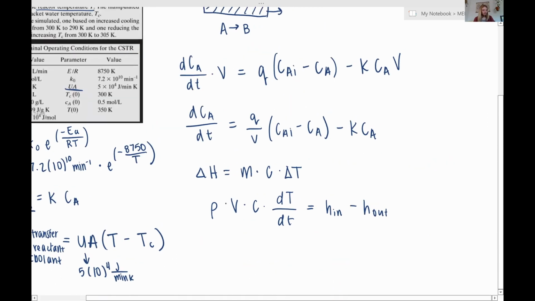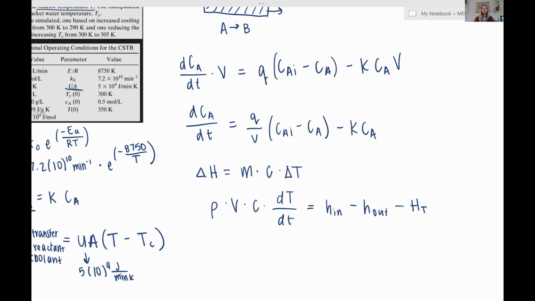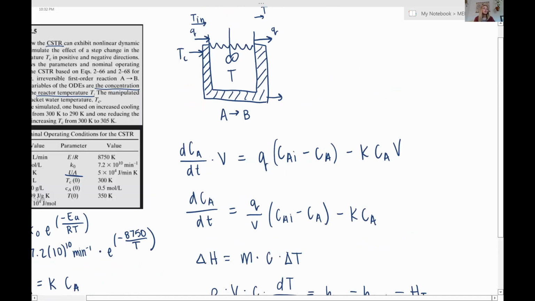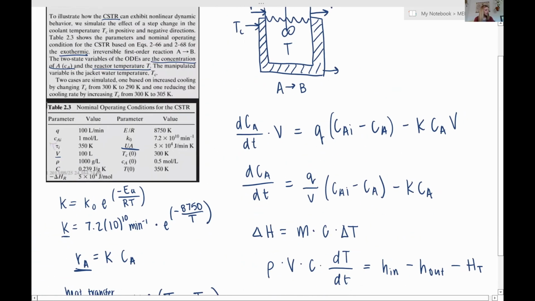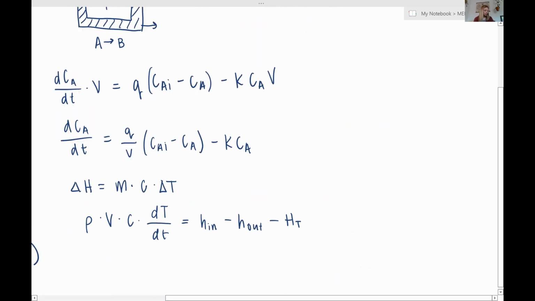So we can represent that as subtracting the heat transfer, because we're losing that heat to the coolant on the outside. The coolant is cooling the tank. And then also, because our reaction is exothermic, we have our negative delta H R. There's going to be energy that's being generated from heating of the system. So we're actually going to want to add that. So we'll add our exo just for now.